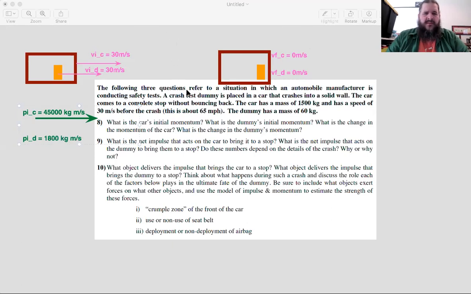So the momentums are very different. The two objects have the same initial velocity, but they have very different initial momentums because they are different masses. So keep that in mind. If objects are moving together, they have to have the same velocity as each other, including direction, but their momentums are very likely going to be different because their masses could be different. Any questions on that so far?